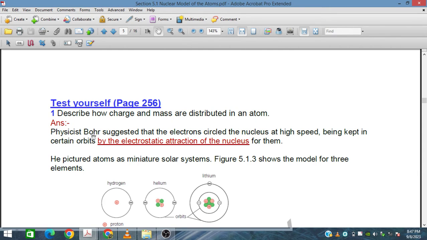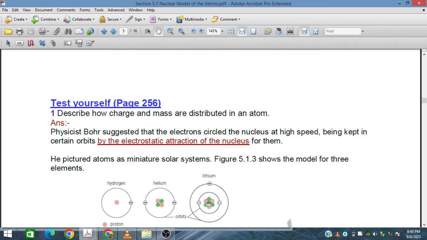The physicist Bohr suggested that the electrons orbit the nucleus at very high speed, being kept in a certain orbit, this orbit or any other orbit, by the electrostatic attraction of the nucleus.